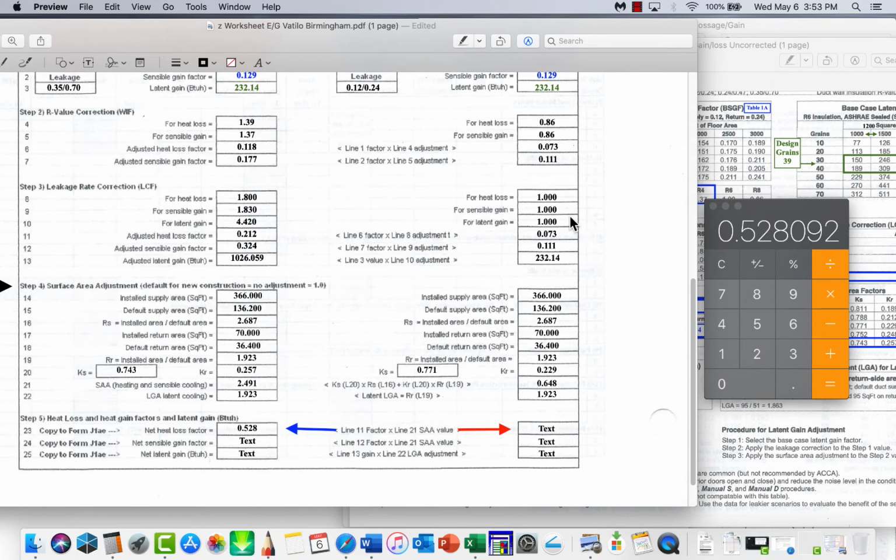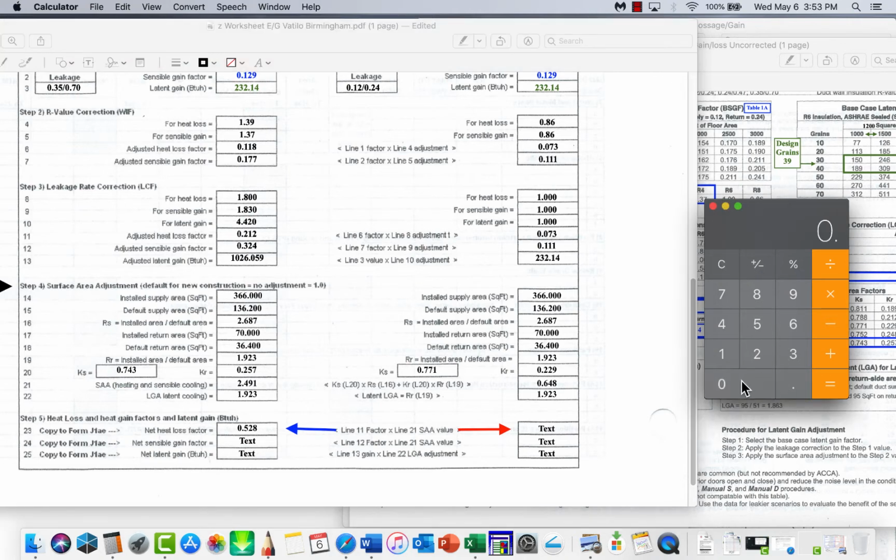So we're going to go up here to line 11 factor. Line 11's right here, 0.73 times our line 21. Line 21's right here, so 0.648.